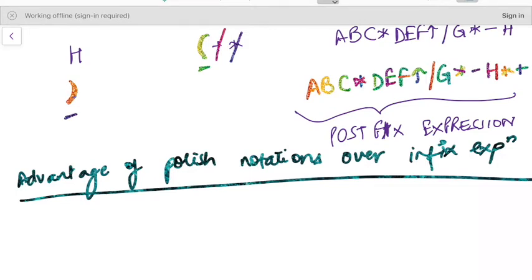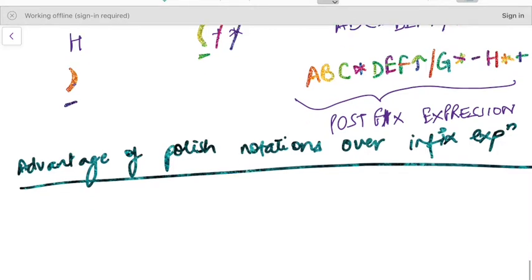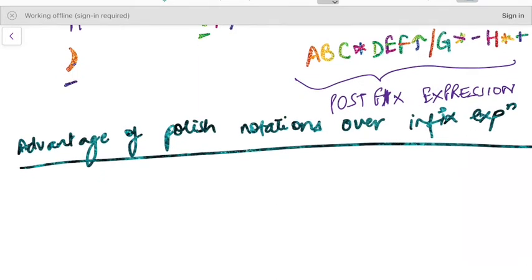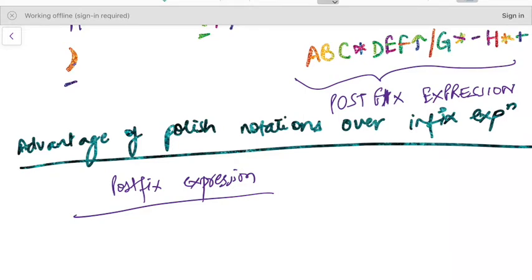So what happens is, I told you previously that an infix expression is difficult for a machine to know because the precedence of the operators has to be known in advance to the machine. But what happens in a postfix expression? Postfix expressions do not have any braces, and since the precedence of operators is there in the algorithm, the entire expression is evaluated in a single pass and then there is no hassle.